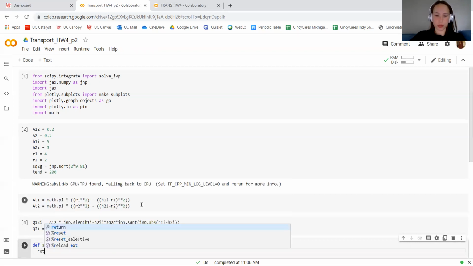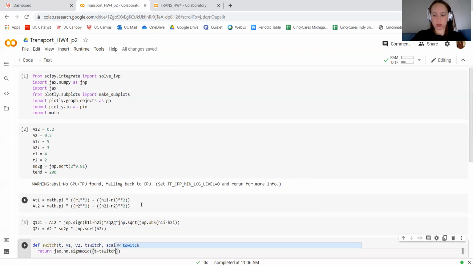And we want to return the sigmoid function. So we want it to be time minus time switch divided by the scale, and then multiplied by the velocity difference plus the initial velocity.